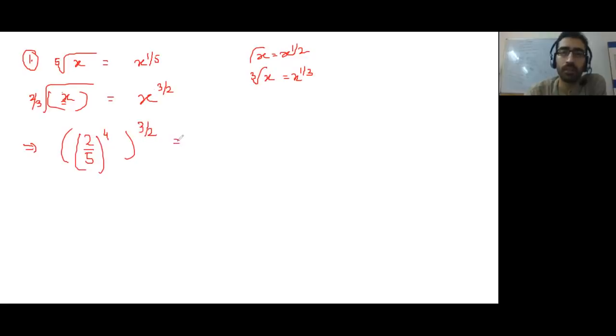This is what the value is going to come out to be, which is of course 2 to the power 4 into 3 by 2, which is 2 to the power 6. You can calculate this or you can keep it as it is, depending on the option. This is the right answer. Is this clear? I'm not writing the whole expression or the question.